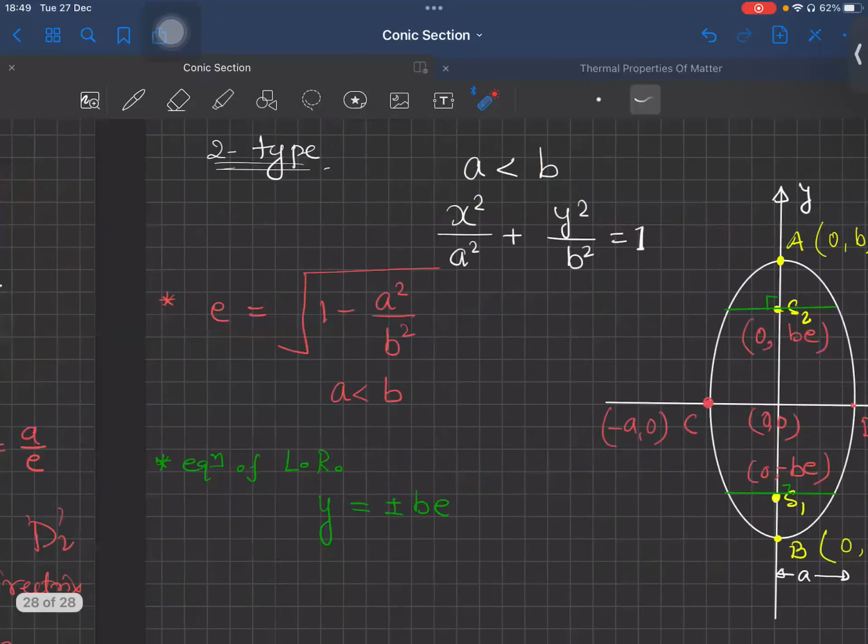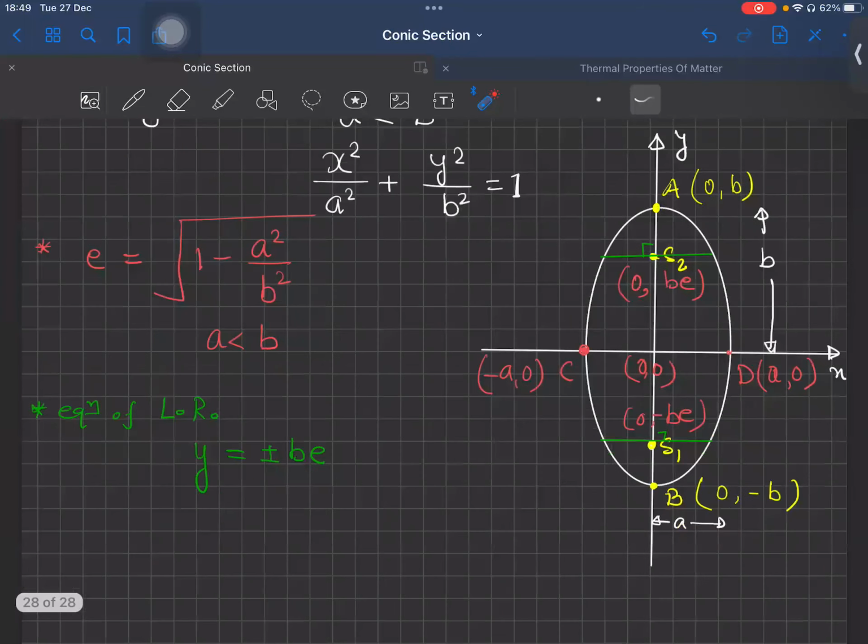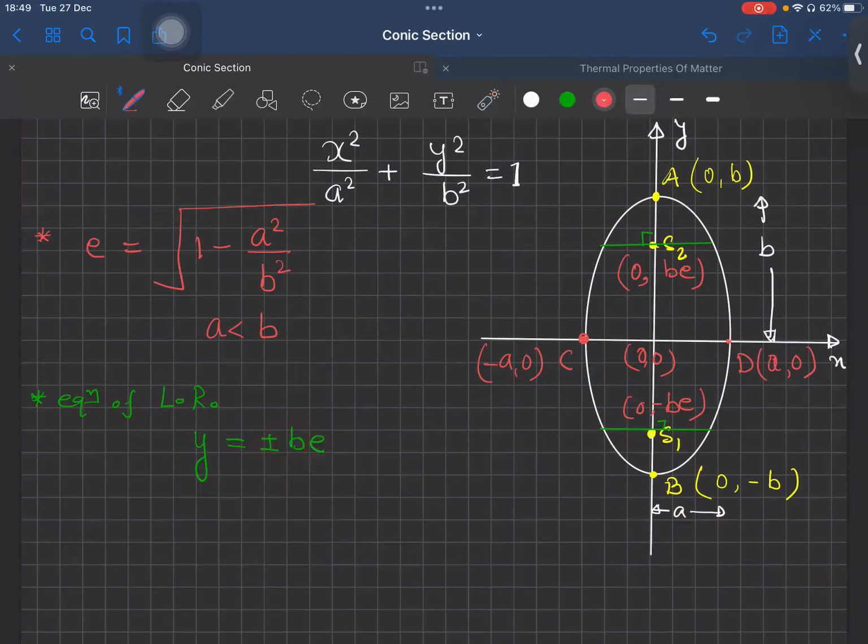Here it is y is equal to plus minus be. So that is your latus rectum.